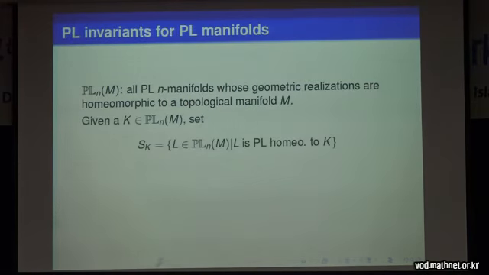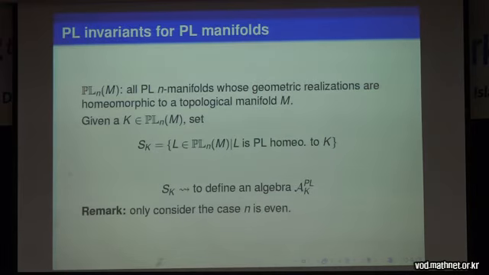For the PL invariant, here we just consider all the PL manifolds. Choosing a PL manifold, you can get subsets. Here, each one is PL homeomorphic to the given PL manifold.